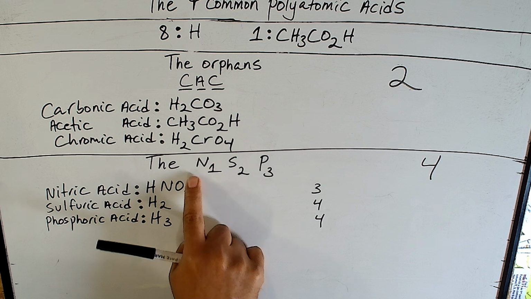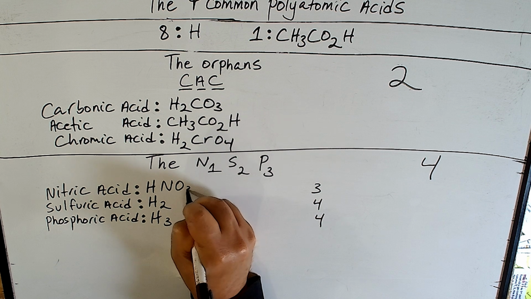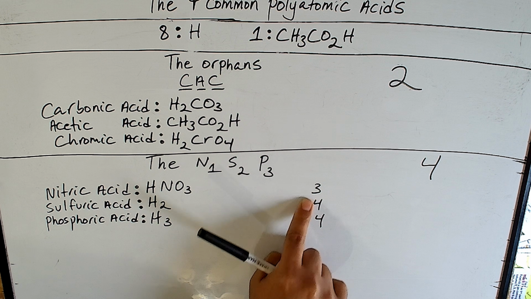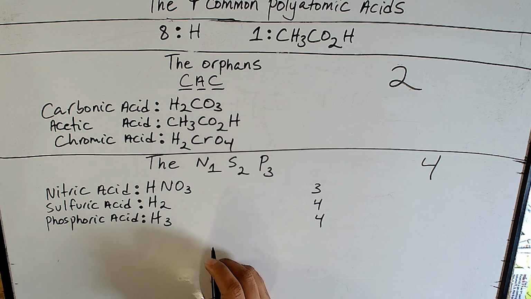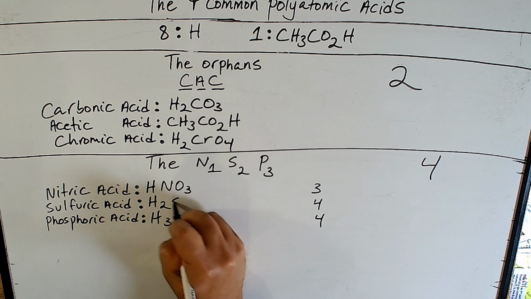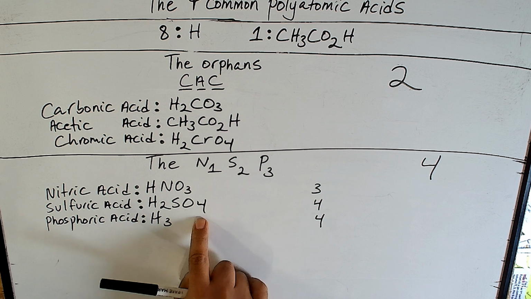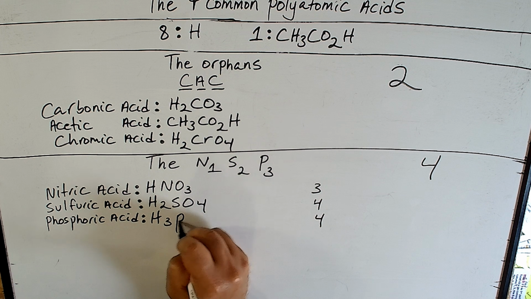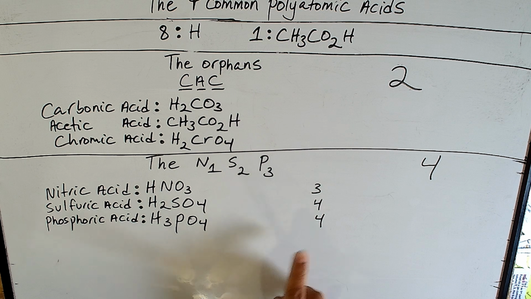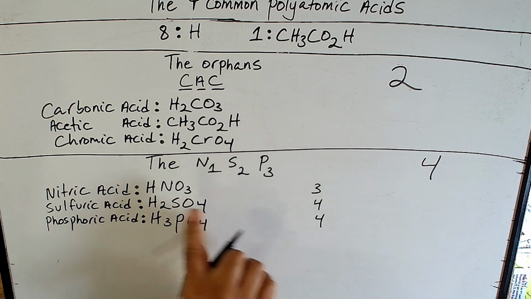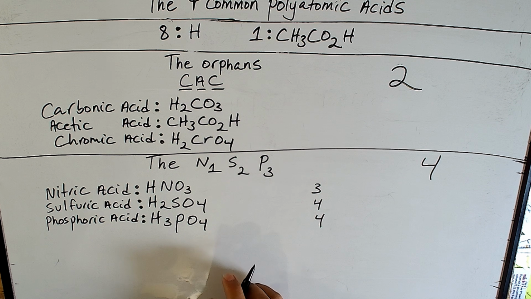Notice that I'm ending with a 3, which is this 3 over here. And then I have SO4, which is the 4 from over here. And then 4 again. So this is the NSP123 family.